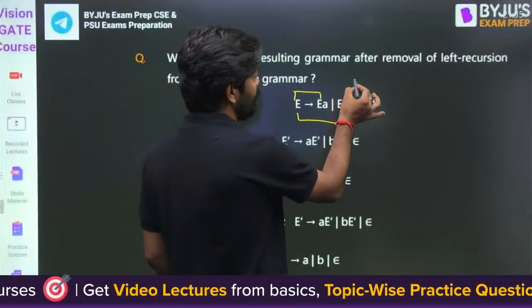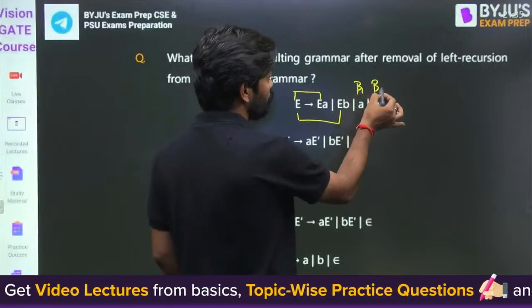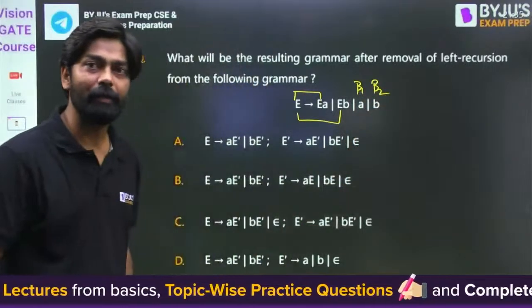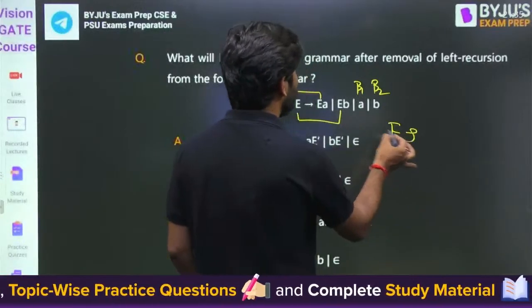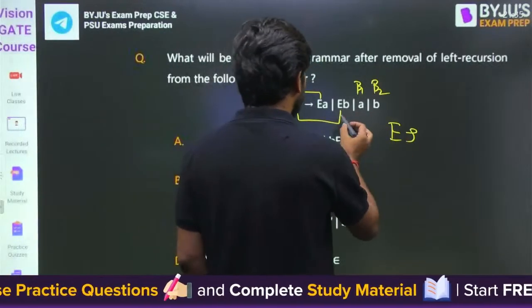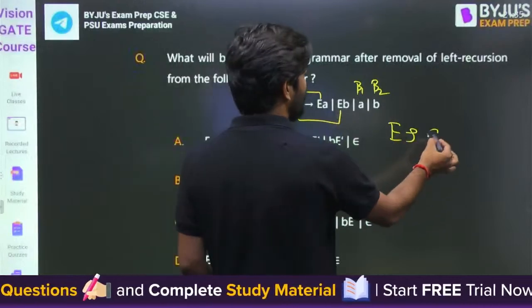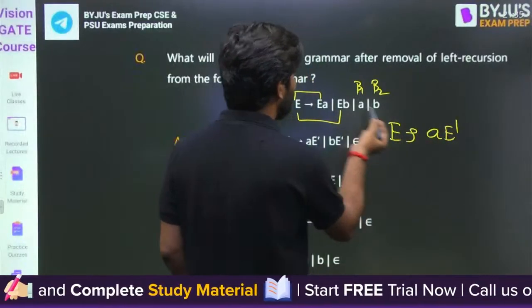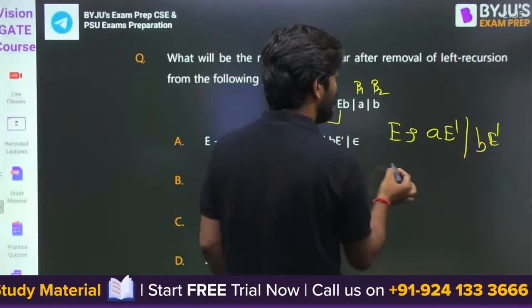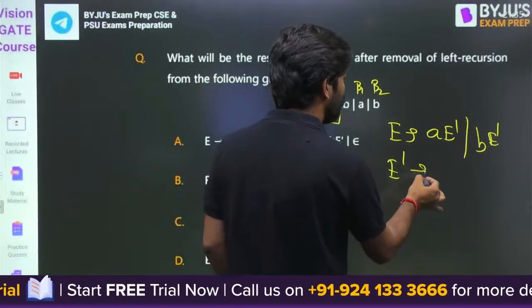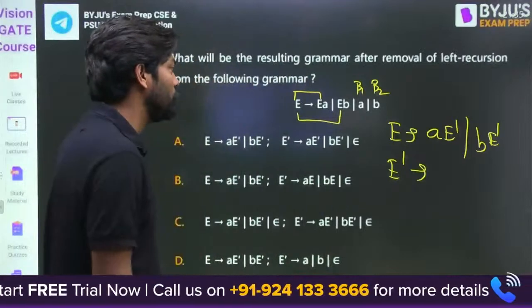You can write it as beta 1 and beta 2. You can consider beta 1 and beta 2, my dear friend. So you can write E goes to A E dash, or B E dash. And my dear friend, E dash goes to what?